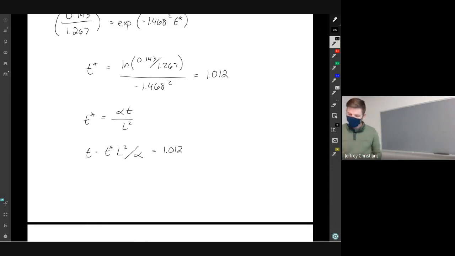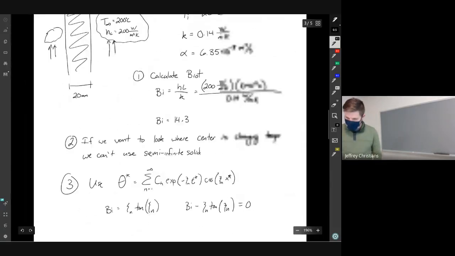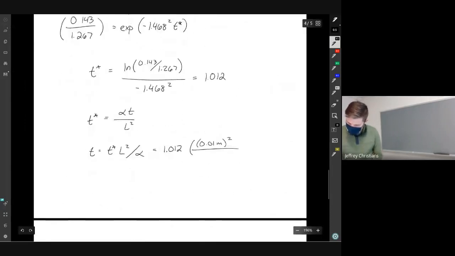It doesn't have any units, but our other variables have units. So this would be 0.01 meters. We would square that, divided by, what was alpha? 6.35 times 10 to the negative 8 meters squared per second.